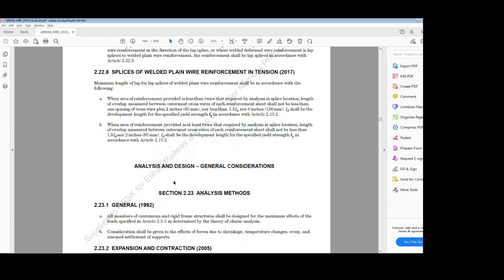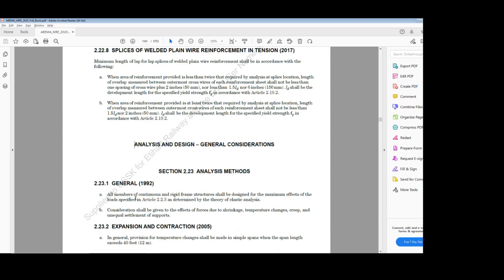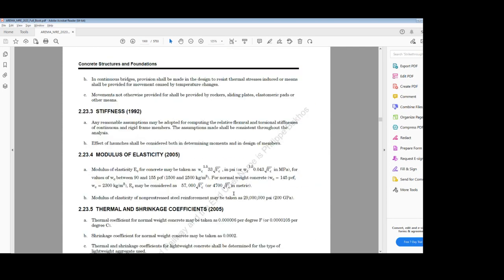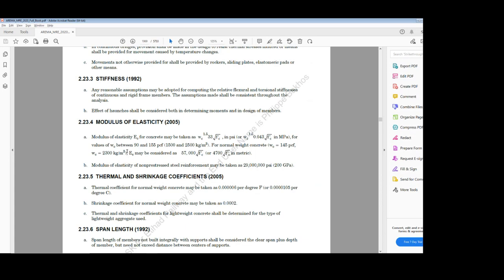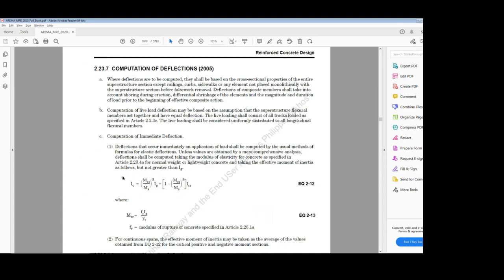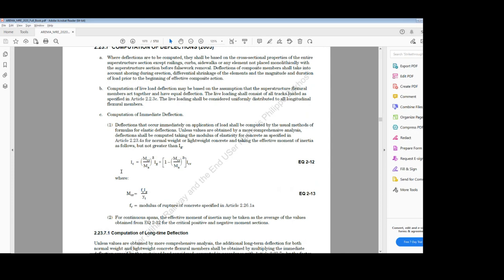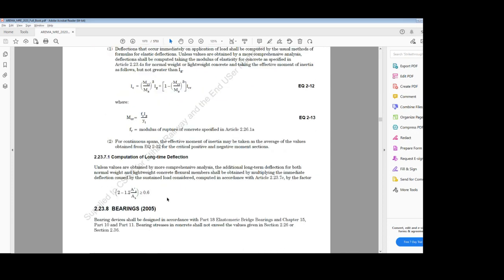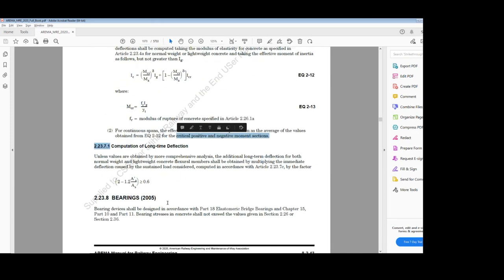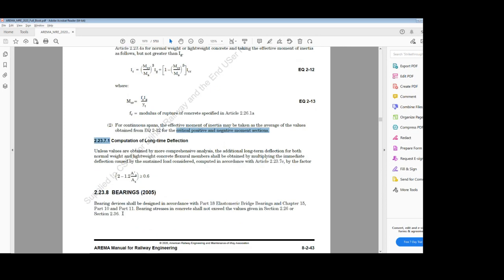Then analysis and design general considerations, also an important chapter, in which the modulus of elasticity, expansion coefficient and stiffness are given. Computation of deflection, effective moment of inertia for calculation of displacement is given here. Long term displacement, bearing is basically given in chapter 15.